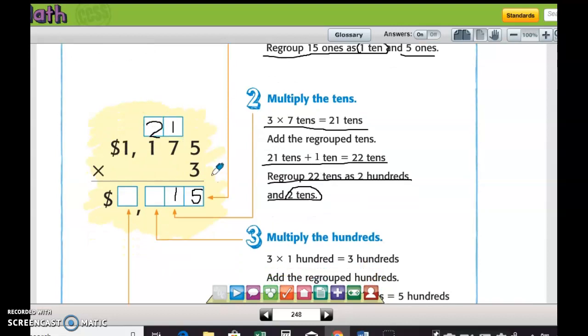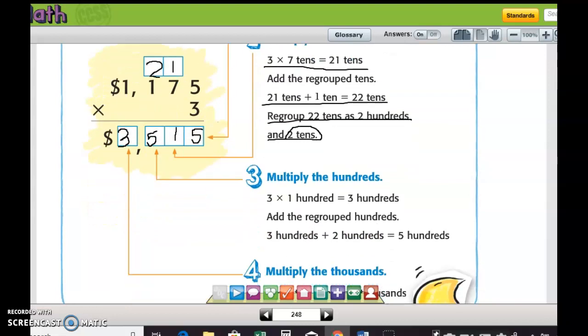I need to add in the 2. 3 times 1 is 3, plus 2 more makes 5 hundreds. Unfortunately, we don't have to regroup that spot. 3 times 1,000 is 3,000. So our product is 3,515. Solve the standard algorithm way.